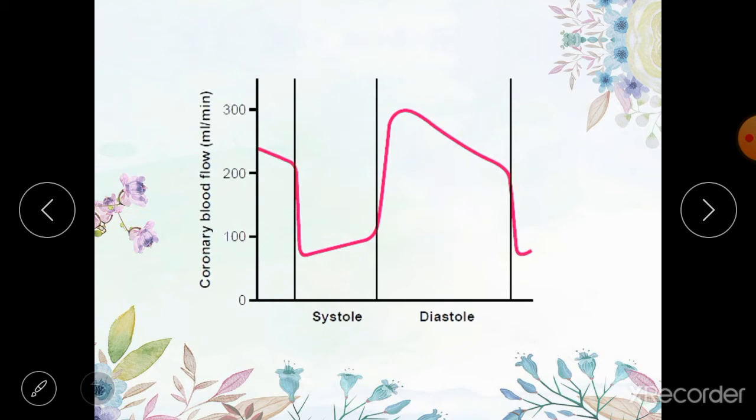The reason for this is that when the ventricle is contracting, it occludes the intramuscular arteries and no blood can flow during systole.